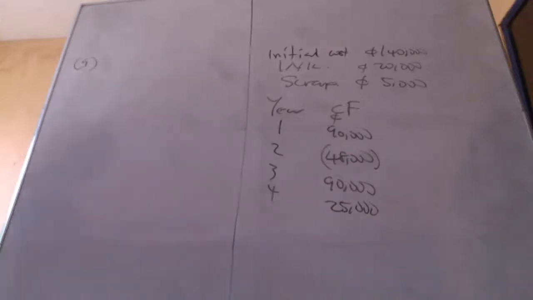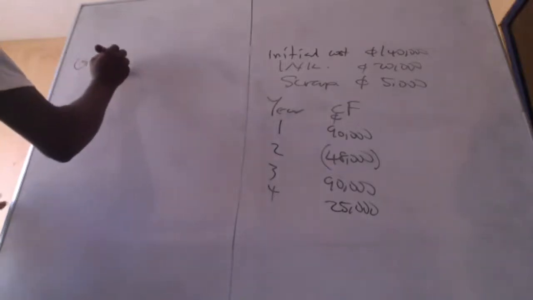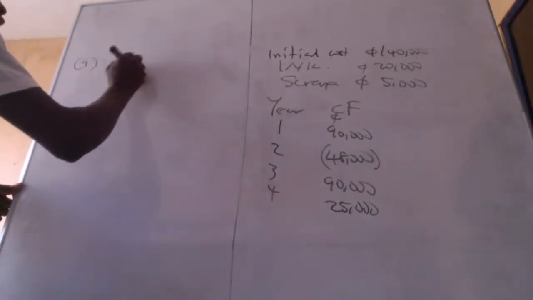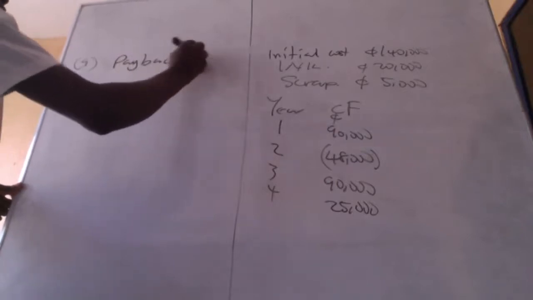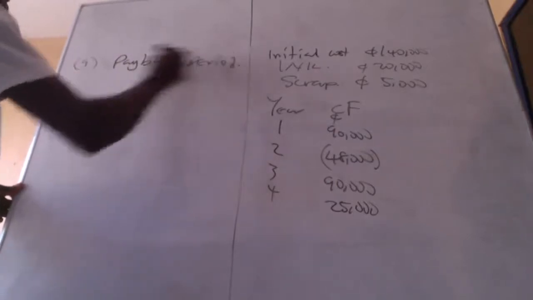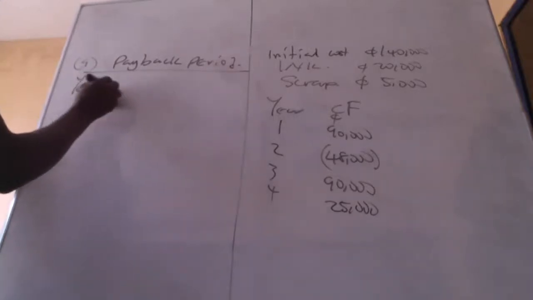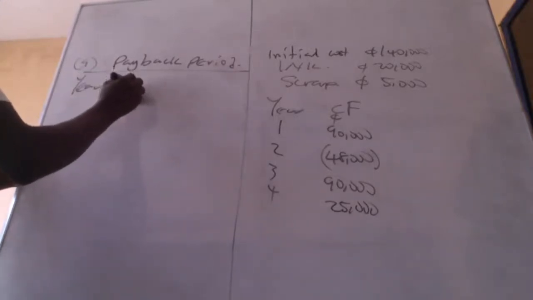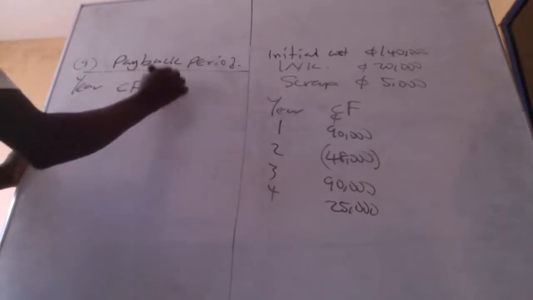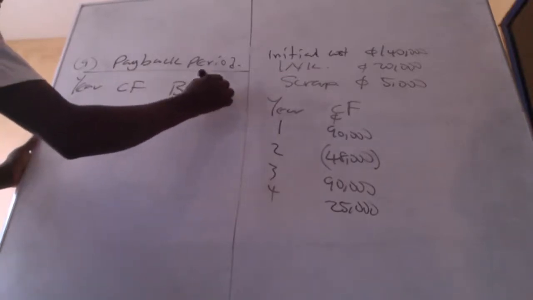And then we look at the adjusted payback period too. Good. So payback period. As usual, year, cash flow, and your balance.